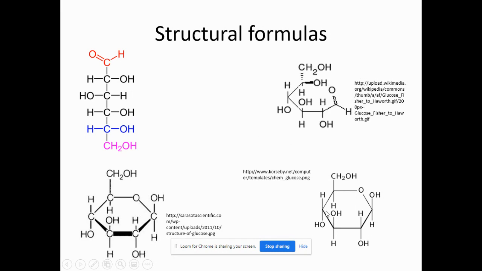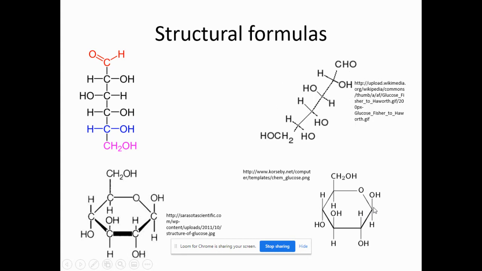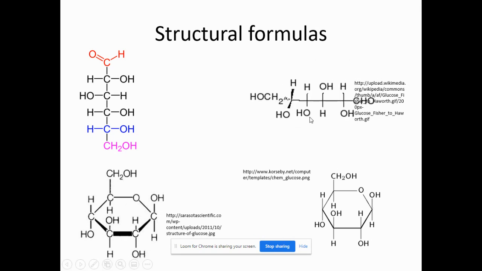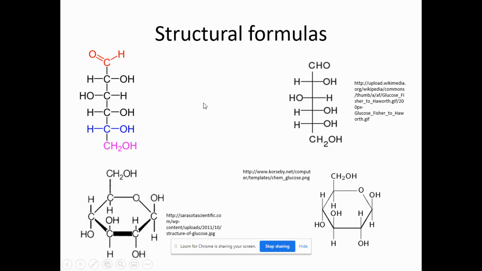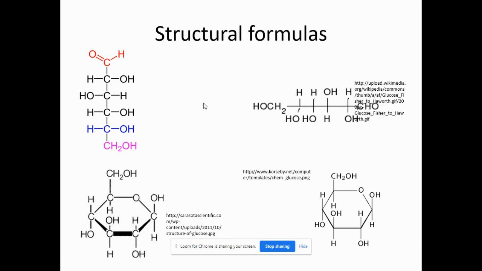If you don't see an atom here, here, here, here, then you can assume that's a carbon. So actually all four of these are depicting the same molecule. They're just doing it in different ways.